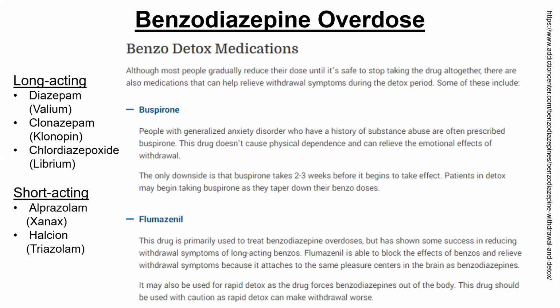That's where you take the benzodiazepine, but over a period of time, it becomes an addiction issue. So buspirone is a serotonin 1A receptor partial agonist, whereas flumazenil is a benzodiazepine GABA receptor antagonist. That's how you treat benzodiazepine overdose.